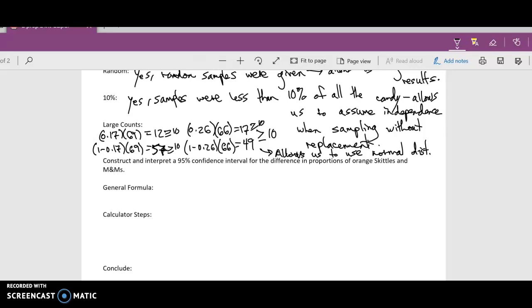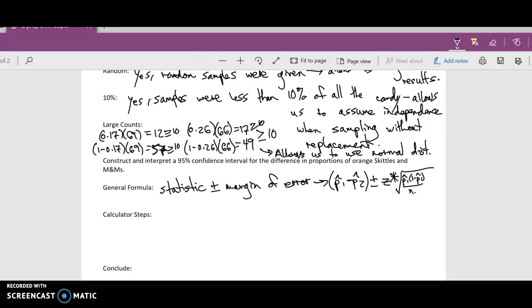So the general formula is the statistic plus or minus the margin of error, which is going to be p hat 1 minus p hat 2 plus or minus z star times the square root of p hat 1 times 1 minus p hat 1 over n1 plus p hat 2 times 1 minus p hat 2 over n2.